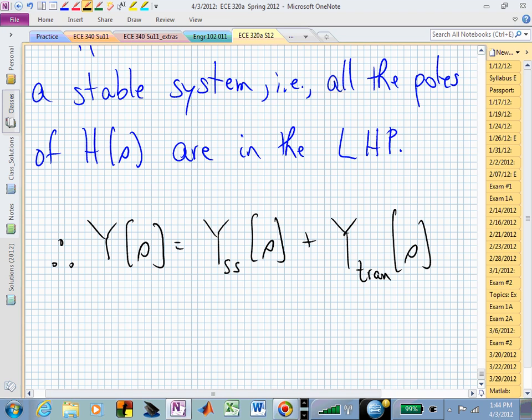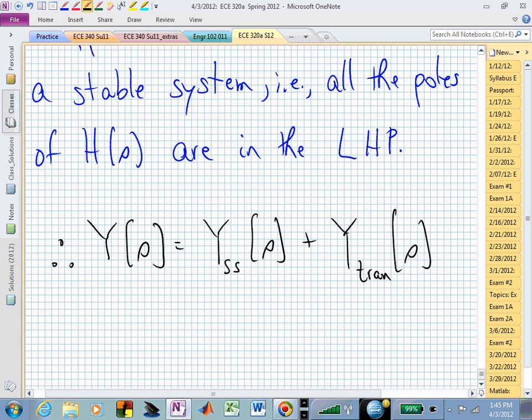Remember the s-domain picture? Your H of s now has all its x's in the left half plane. And your X of s now has two poles on the imaginary axis. You want to know what the residues of those two poles at plus j omega naught and minus j omega naught are. If you can find those, then you can find your answer.